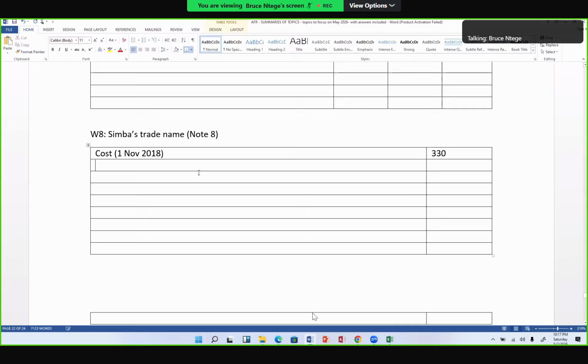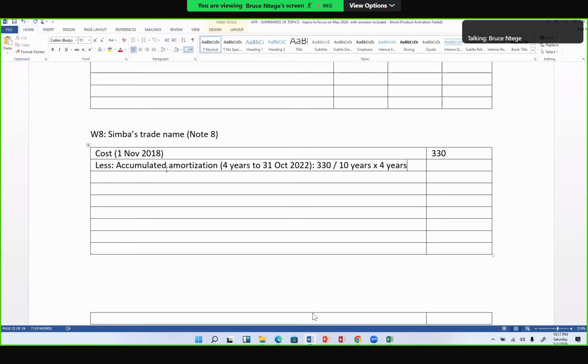Then I shall say less the accumulated amortization for the 4 years to 31st October 2022, which is basically 330 divided by the 10 years, because the total is 10 years, times the cumulative 4 years.